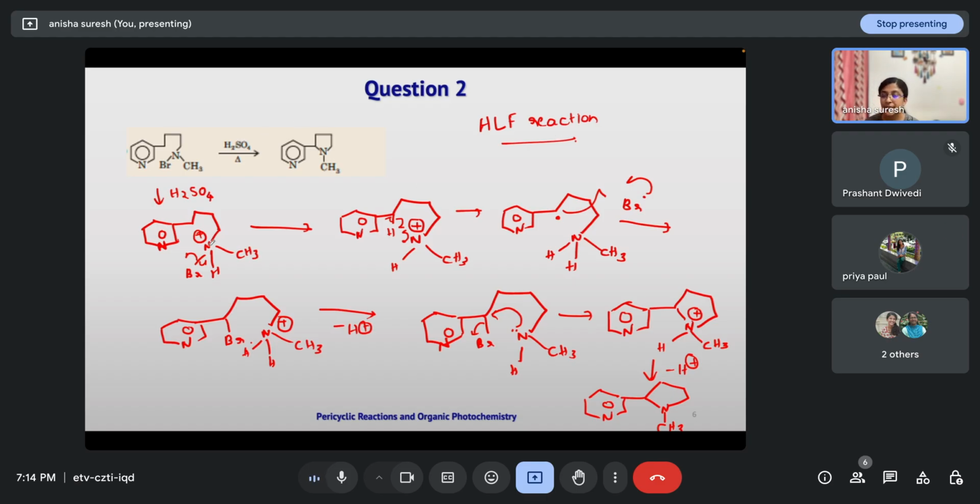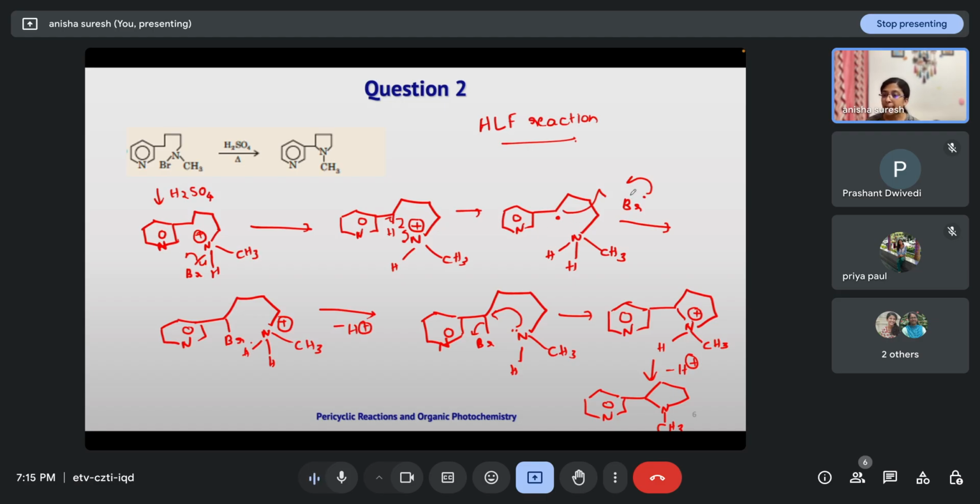So first the acid will protonate this nitrogen. Then under photochemical condition or thermal condition, this N-Br bond will homolytically cleave, leading to formation of this N plus radical and bromine radical. Then this N plus radical can abstract this hydrogen, which is in the alpha, beta, gamma, delta positions. Delta hydrogen abstraction will take place, leading to formation of this radical.